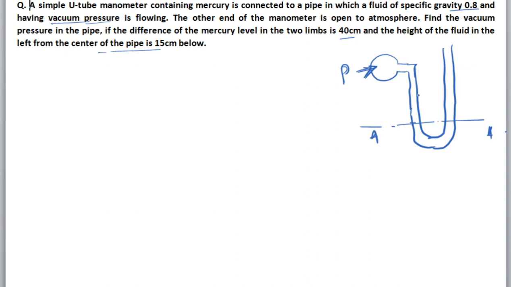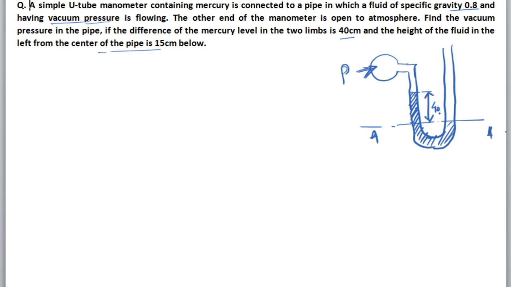The given things are here. The mercury level difference in the two limbs is 40 centimeter. As it is a vacuum, everything you will get in the left limb. Only in the right limb the pressure is equal to your atmospheric pressure.